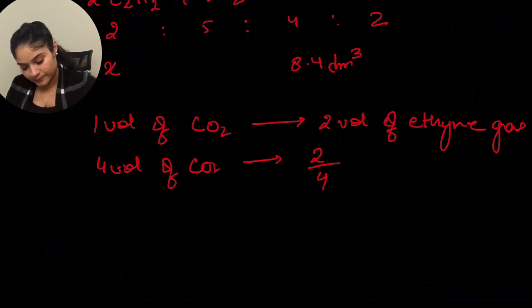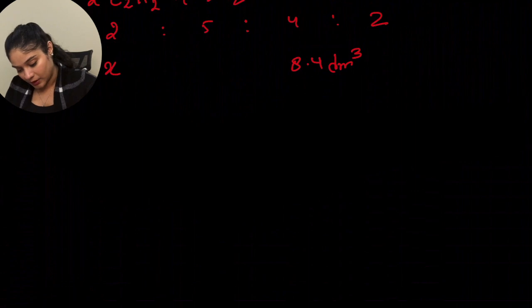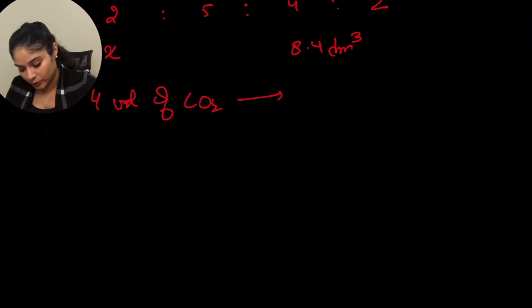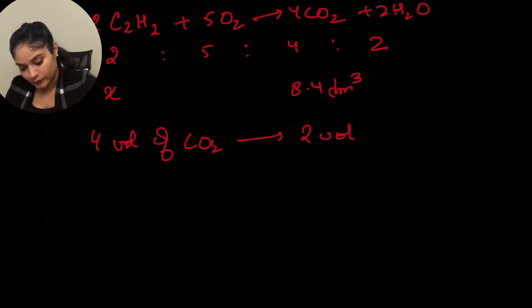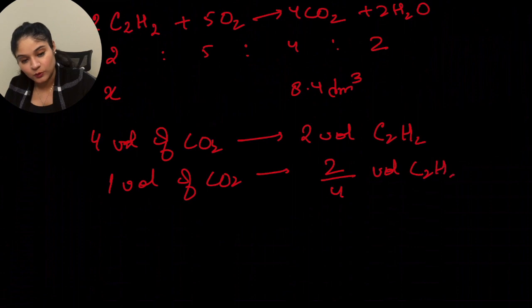I just wrote the entire thing opposite. So we had 4 volumes, right? So 4 volumes of carbon dioxide gas was produced by 2 volumes of ethane. So C2H2. That means 1 volume of carbon dioxide gas was produced by 2 by 4 volume of C2H2.